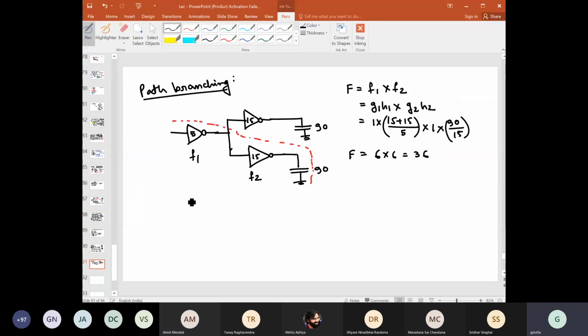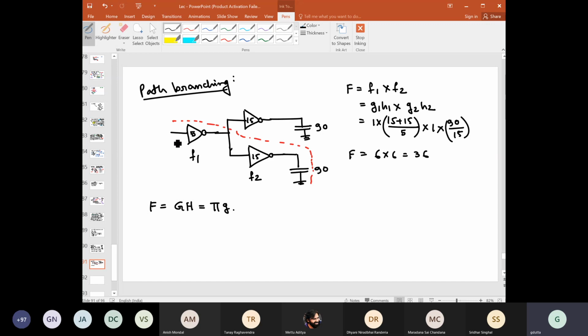Okay, so far in the previous example we have seen F equal to G into H, capital G into capital H. How have we defined capital G? Capital G is the product of all the G, that means we multiply all the G. And how have we defined H?